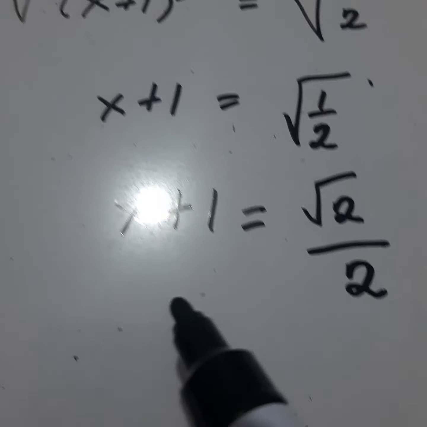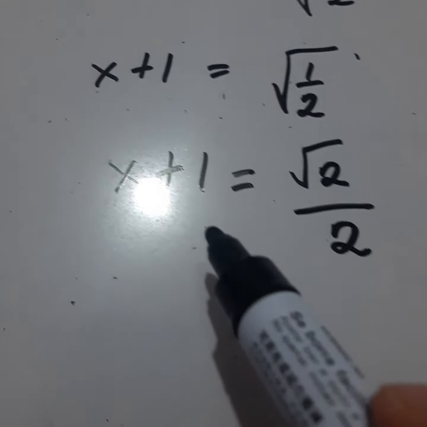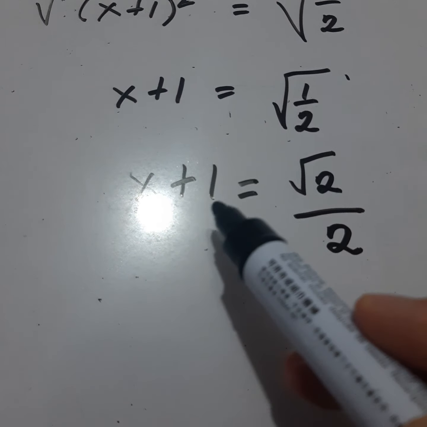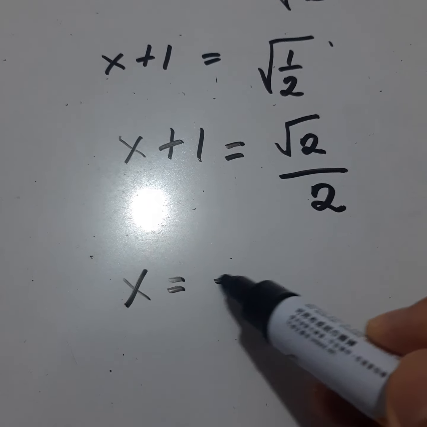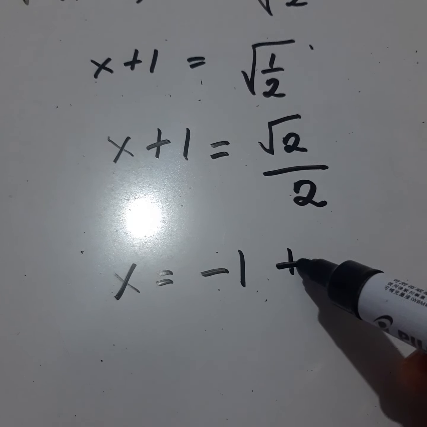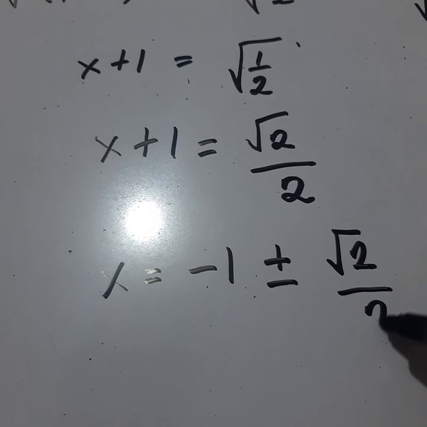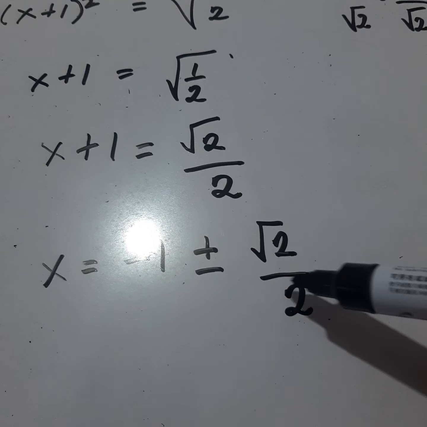Now, pwede tayo ngayon mag-solve for the values of x or pwede rin naman natin i-transpose na yung positive 1. So, we have x equals negative 1 plus minus square root of 2 over 2. So, bakit meron tayong plus minus square root of 2 over 2?